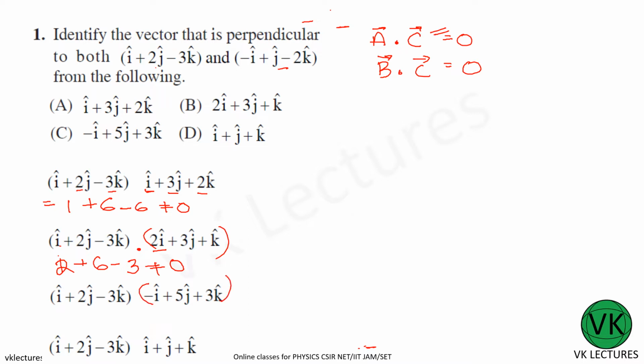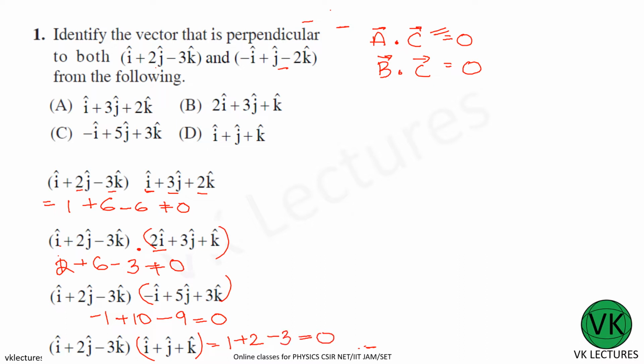Now you have the third option, i times i, that is minus 1, 2j times 5j, that is 10, minus 3 times plus 3, that is minus 9, so that is equal to 0. Now you have the fourth option, i times i, that is 1, 2j times j, that is plus 2, minus 3 times 1, that is minus 3, so here also it is 0.